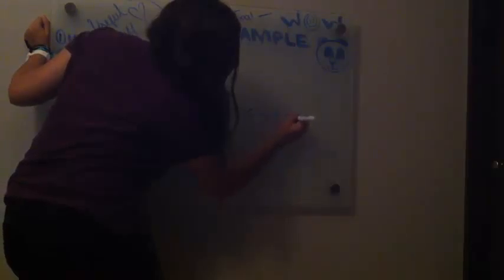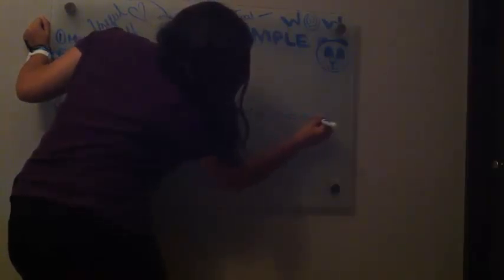So I put 1, 2, 3, 4, 5, 6, 7, 8, and 9. Okay, now I will put the branch in here, and I will put another branch here. Do you see both branches? And I will put a final one here.